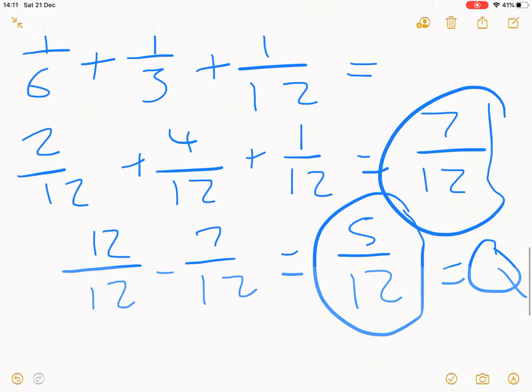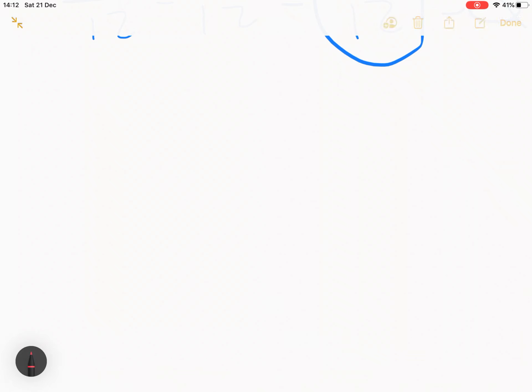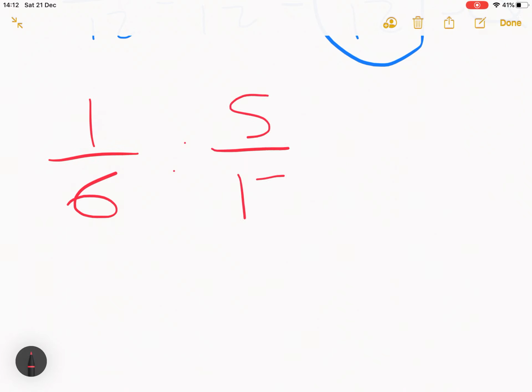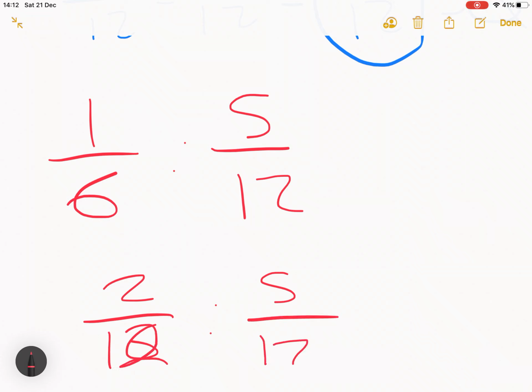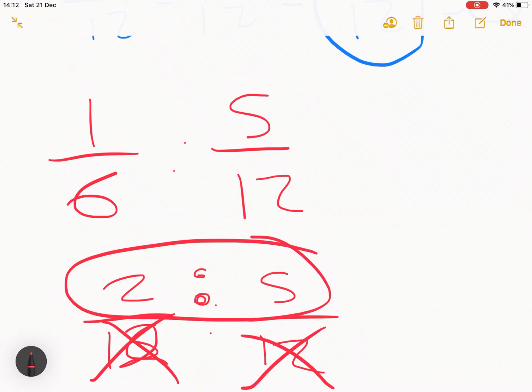So the ratio from P to Q is 1/6 to 5/12. We can make the denominators the same, so 2/12 to 5/12, and the 12 cancels out, and then you just have 2/5. So that is the ratio of P to Q.